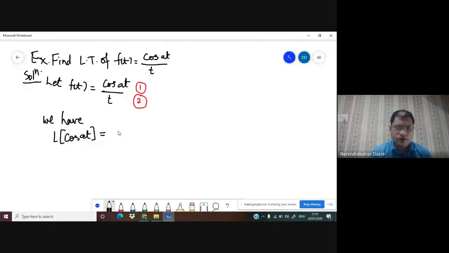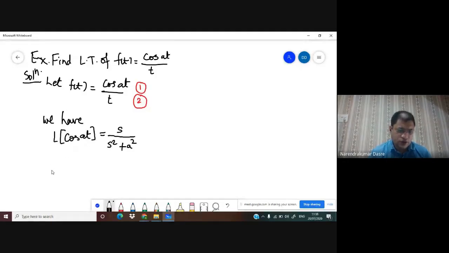Correct. So you'll be having s upon s square plus a square. Okay, so that's what we have, the Laplace transform of cos of at. That means we have considered the Laplace transform of the numerator. So step one is completed. Now we have to think of step two.